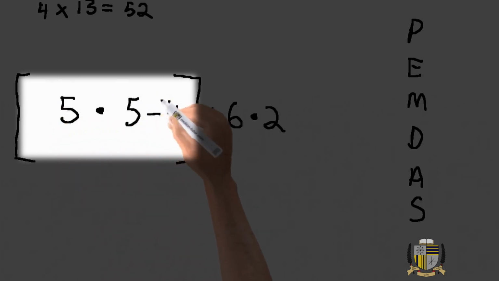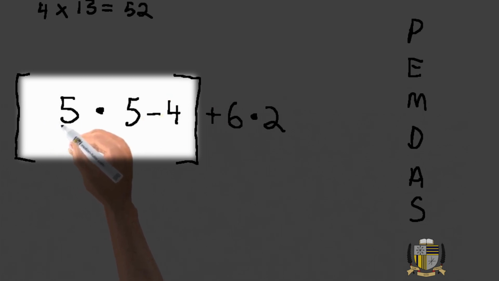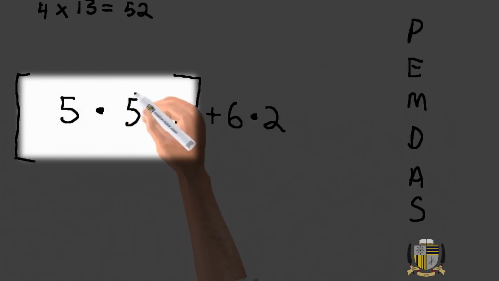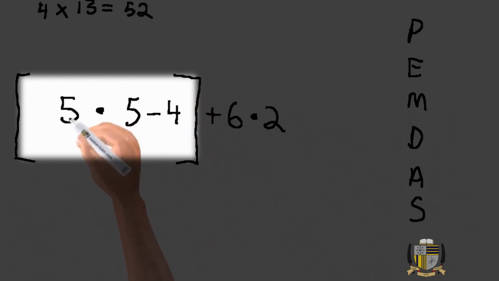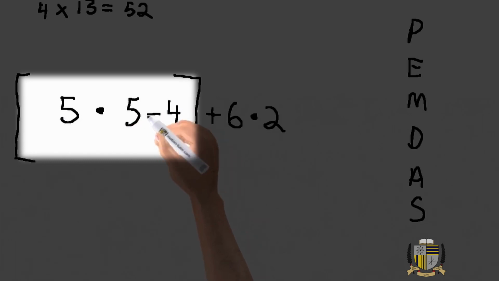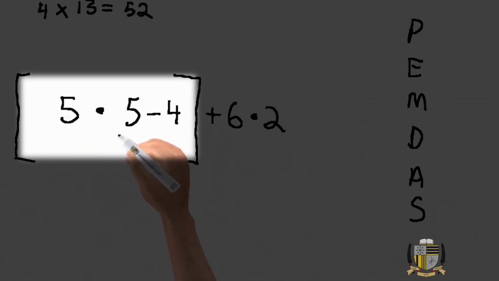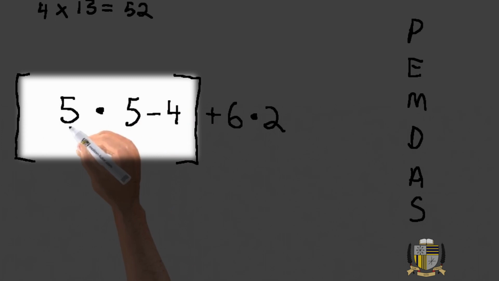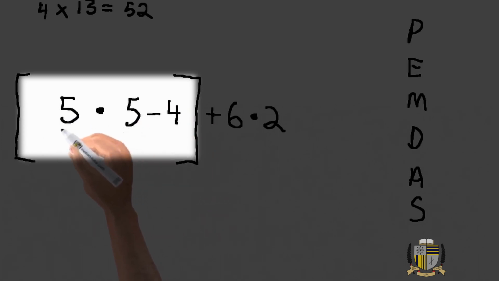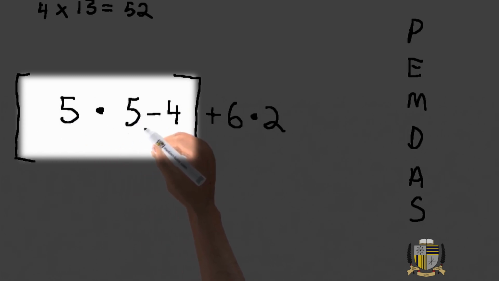See, now we're working our way from inner outward. So now we're inside the bigger parentheses. So it's 5 times 5 minus 4. We apply the order of operations in here again. Do we see any parentheses inside here? No. Exponents? No. But multiplication, yes.